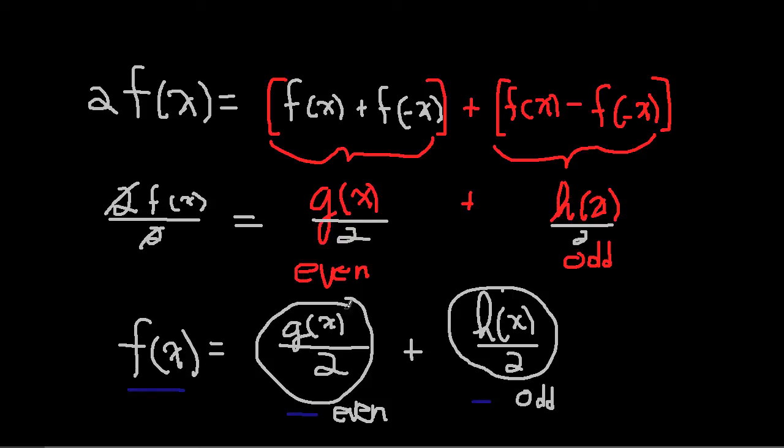where the even function is given by g of x over 2, where this is g of x, and the odd function is given by h of x over 2, where this right here is h of x. Okay, this is parentheses here. This is h of x. So this is how you now compute those even and odd components. But this is a very interesting and useful result, that any function can be written as a sum of an even function and an odd function. Okay?